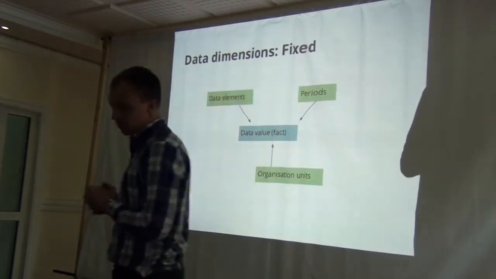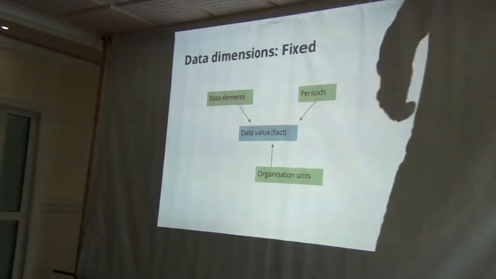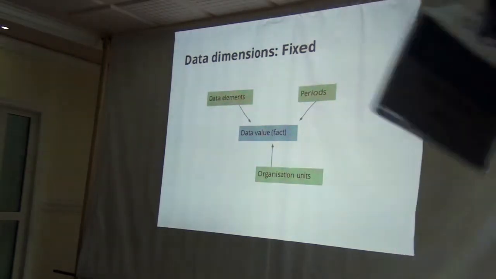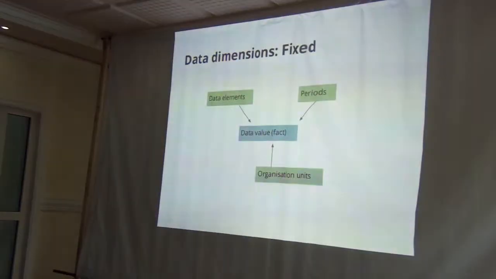So, when it comes to dimensions and facts, this is what we call OLAP terminology. That's online analytical processing. In a dimensional data warehouse or system, we have something called dimensions and something that some people call facts, some people call measures, some people call just data.